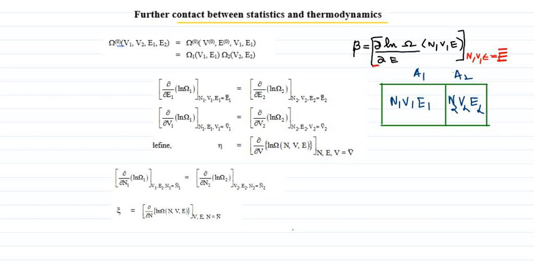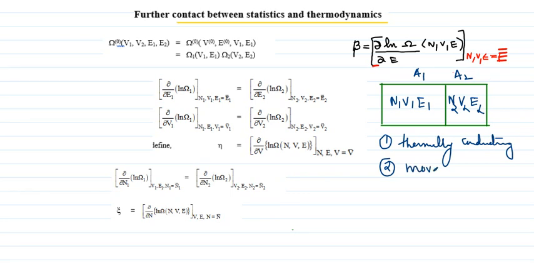Now, in the earlier case we had two subsystems A and B where the wall was thermally conducting, right? Now we will elaborate this argument further by taking another case along with the first case, where the wall is thermally conducting as well as movable.